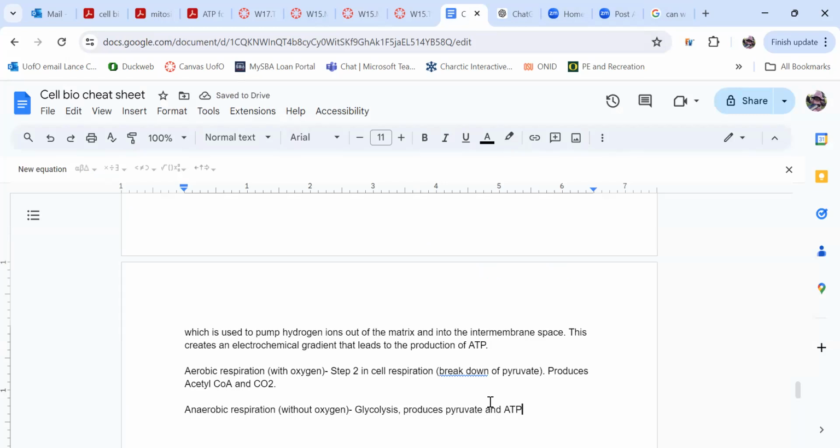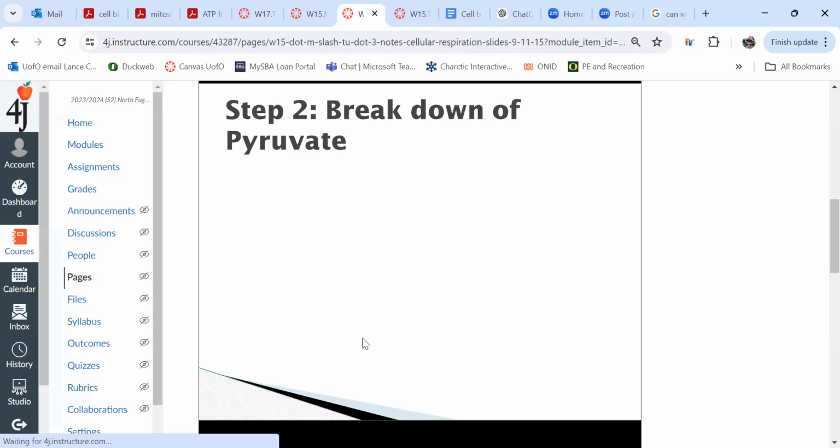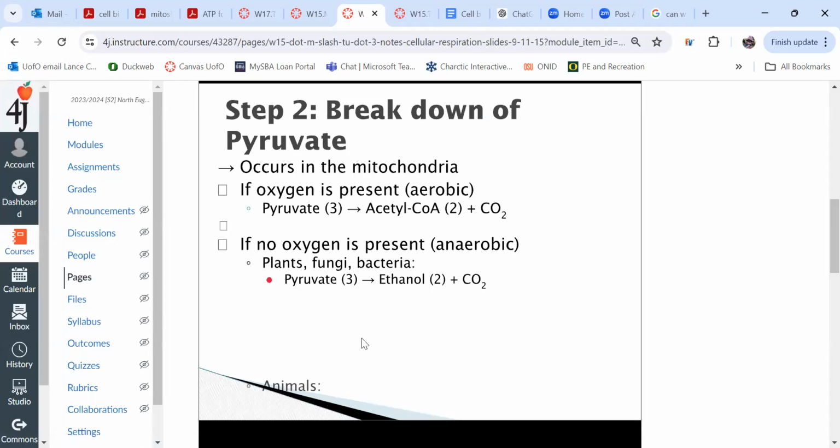And then we know that there's another anaerobic step. Can produce lactic acid.